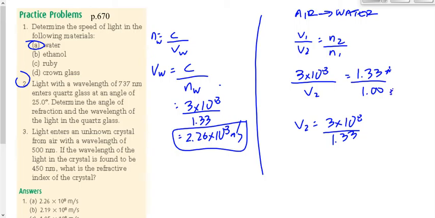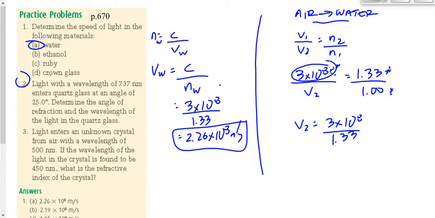The only problem with that would be you'd need the speed of light in glass, and we don't have the speed of light in glass. We know what the speed of light in air is already. So that's why I picked air to water, because we know the speed of light there. How many people got that right? Okay, good.